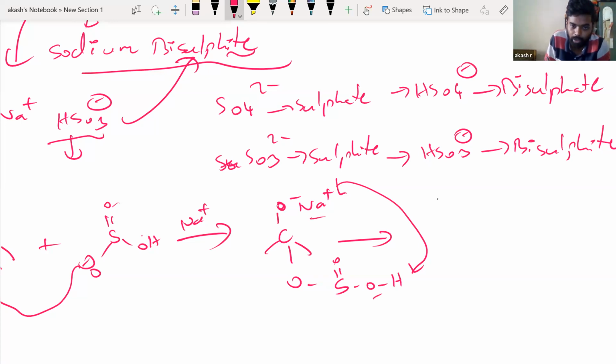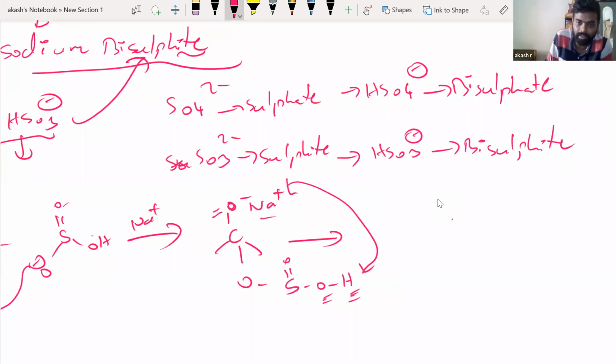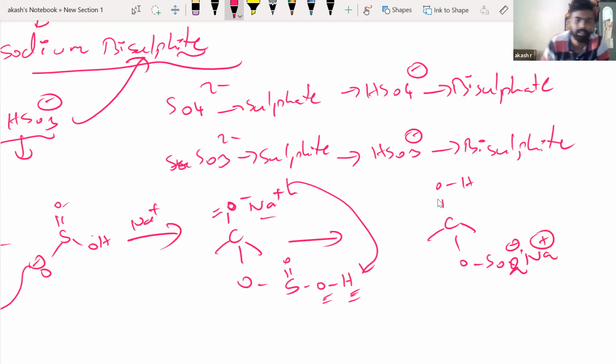Na plus is going to come to this oxygen and H plus is going to go to this oxygen. So now we have COH, and then the other 2 bonds, and this O, SO2 minus, Na plus. This is what we have.